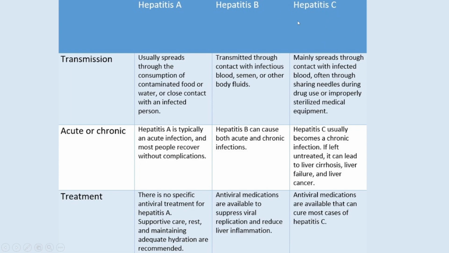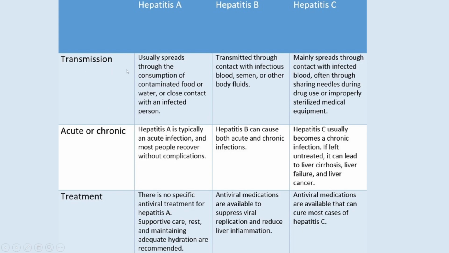Hepatitis C virus is most commonly found and is easily transmitted from one person to another, and it is one of the most widespread in pandemics. It is mainly spread through infected blood, such as sharing needles during drug use or improper sterilization of medical equipment. So it is spread through this mechanism.